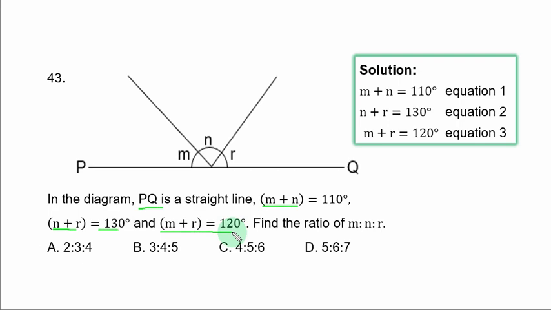Find the ratio of M to N to arrow. From the question, we already have 3 equations. M plus N equal to 110, N plus arrow 130, M plus arrow 120, all in degrees. So from here, let us see what happens next.